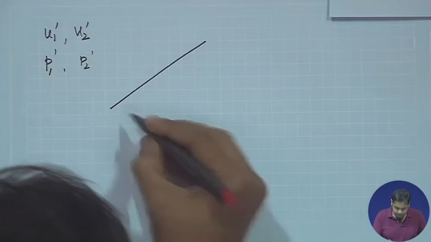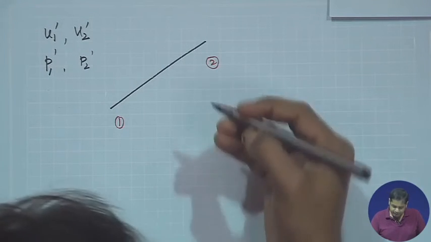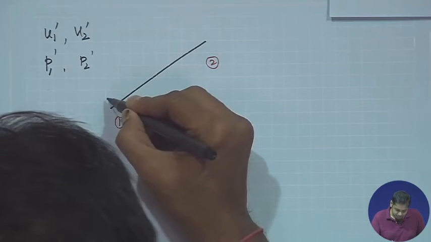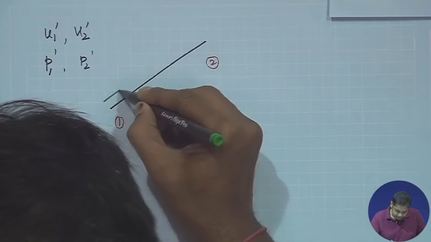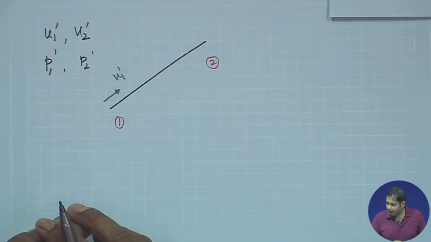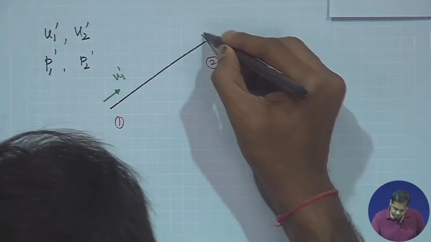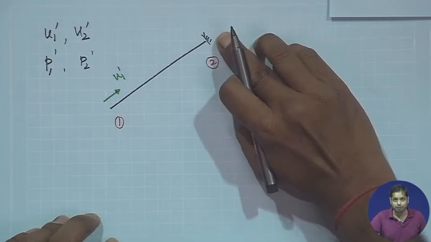Okay, if you remember, this is joint number 1, this is joint number 2, and suppose this member is subjected to displacement U1 and also force P1, and this end is fixed. This end is fixed means there is no deformation here.